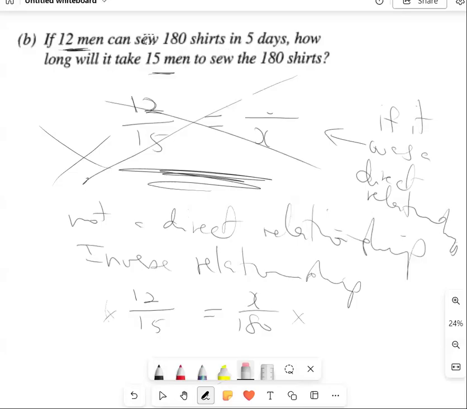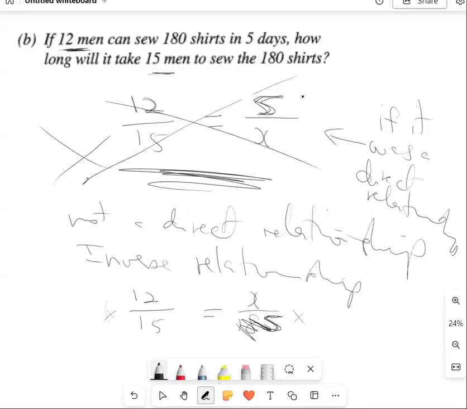It's men and days. So x over 5. The 180 shorts is just a task. The 180 doesn't play a role in the calculation. It's just a job. So it's x over 5.